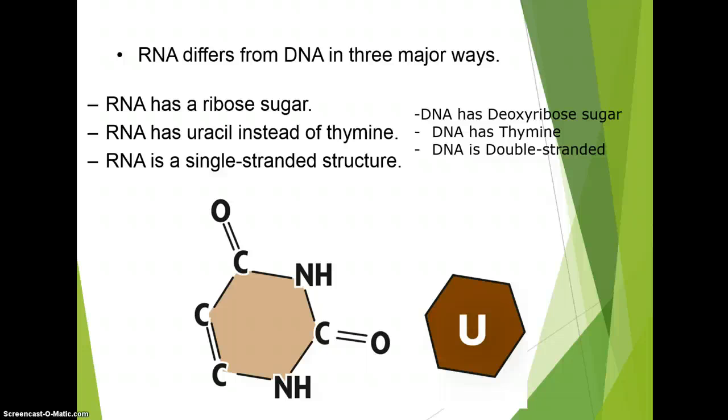RNA is a single-stranded structure, and DNA is double-stranded. And always remember that this sugar is a 5-carbon sugar, the same as deoxyribose; they are both 5-carbon sugars. What differs is where the oxygen is placed, but you don't really need to worry about that. You just need to know that it's ribose instead of deoxyribose. Good?